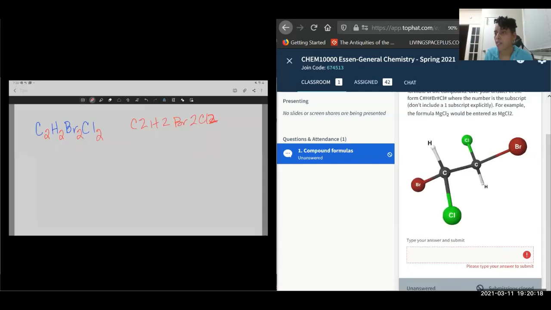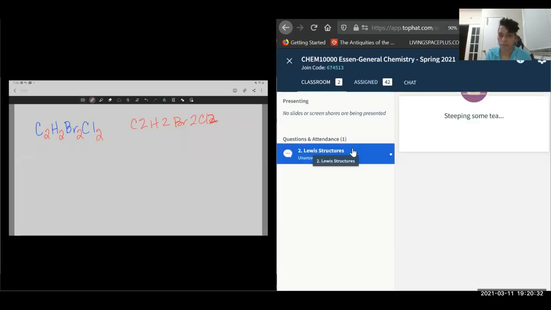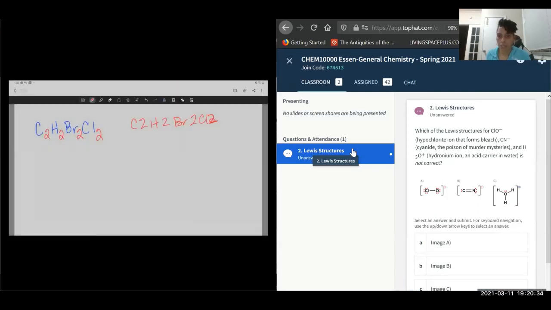All right, the next question is going to be a Lewis structure question. Here you're going to select the one that is not correct, the Lewis structure that is not correct.